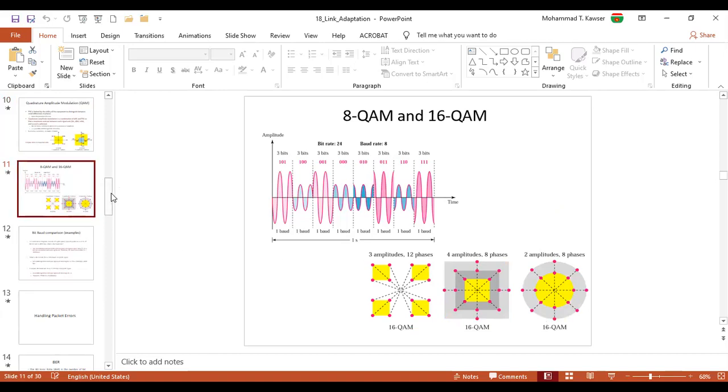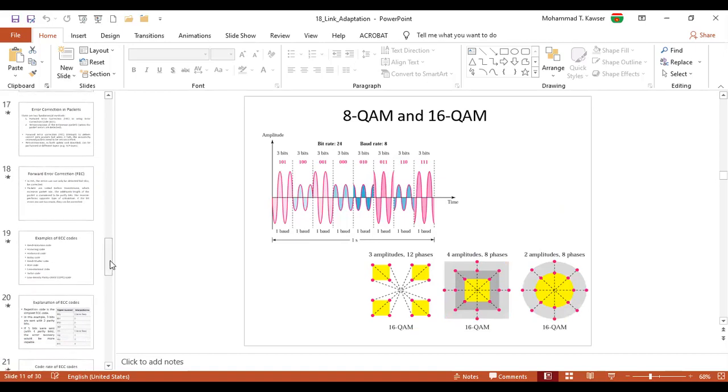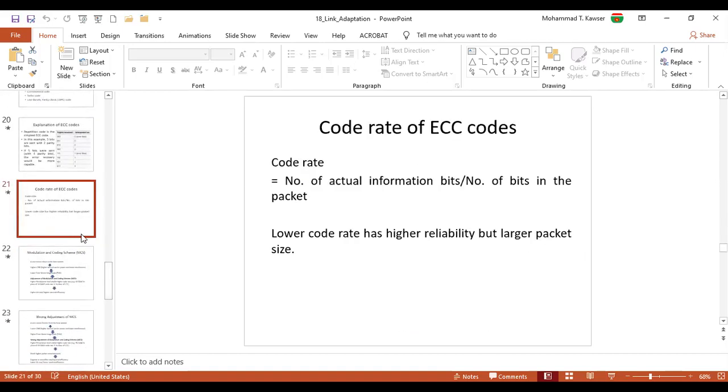Like in the case of code rate, if your CINR is good, then you can raise the code rate, and that will allow the transmission of a higher number of actual information bits. So your actual information bits can have higher data rate.